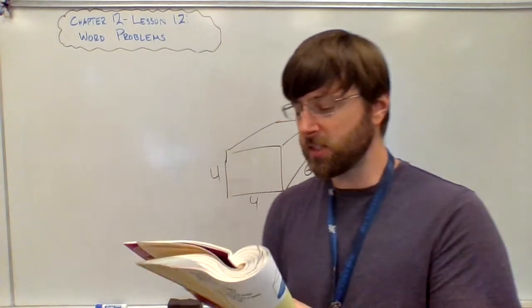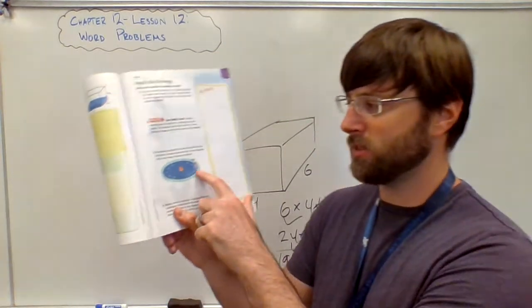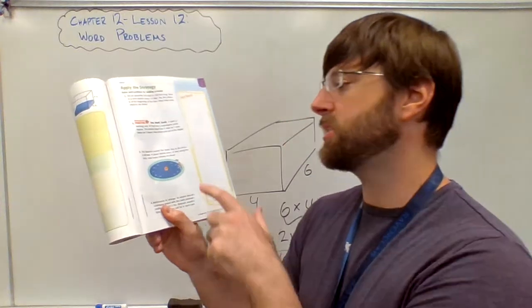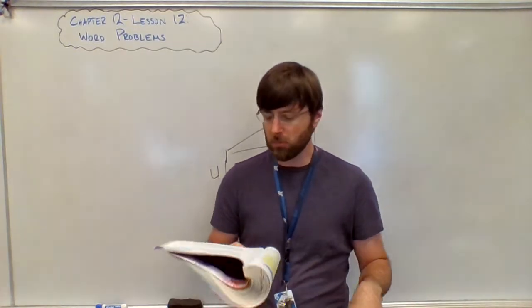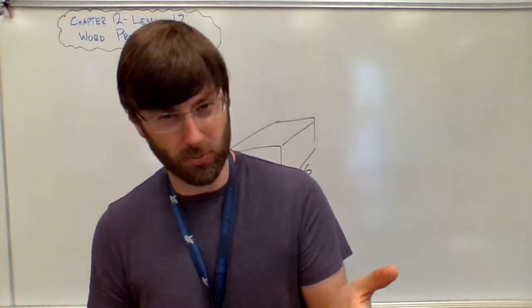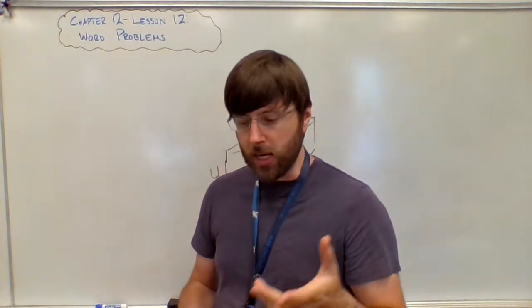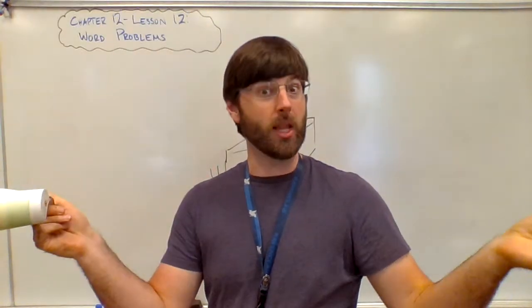Number 3, the distance around the center ring at the circus is 80 feet. So the distance around this is 80 feet. A clown stands every 10 feet along the circle. How many clowns will there be? This is usually one of the problems that causes some problems. Any circle could be cut and then made into a line.